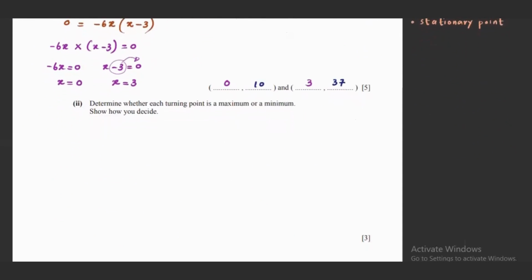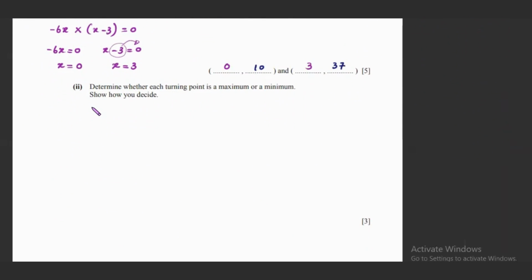In the next part of the question, determine whether each turning point is a maximum or a minimum and show how you decide. So now the two coordinate points are 0, 10, and 3, 37. To do this, I'm going to represent this in a grid and see where we end up marking the two coordinate points.